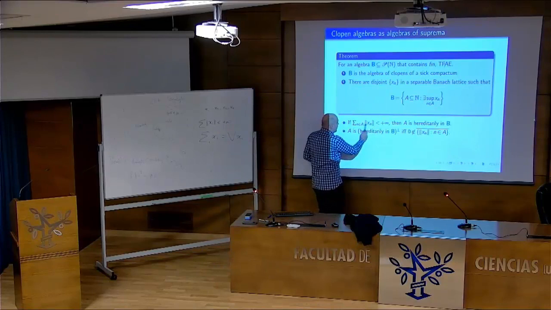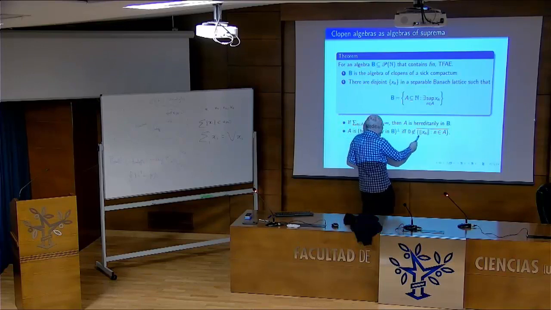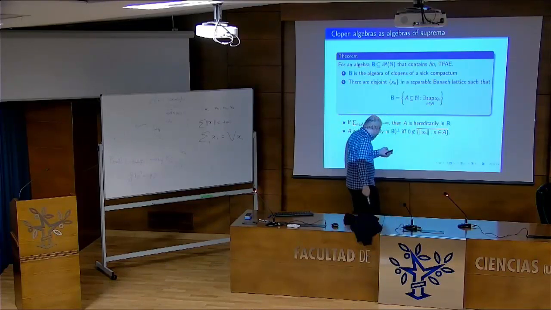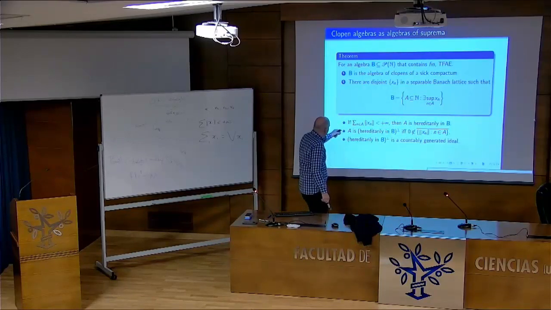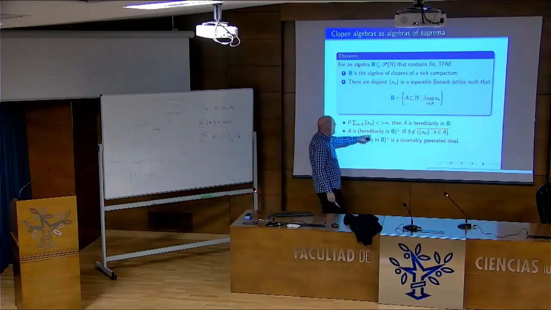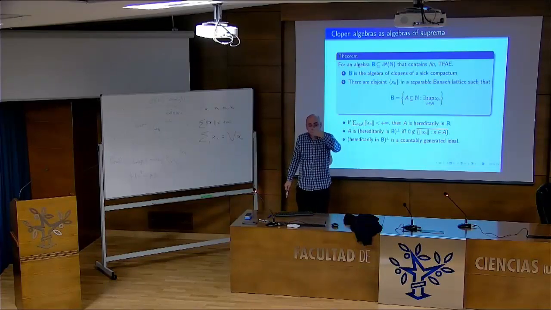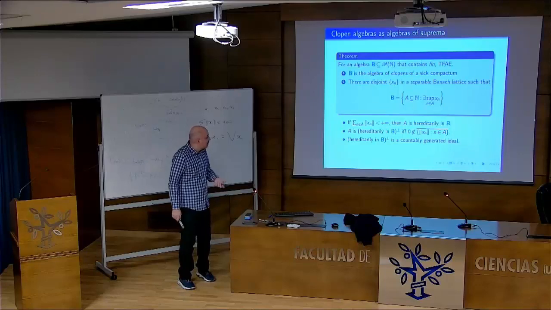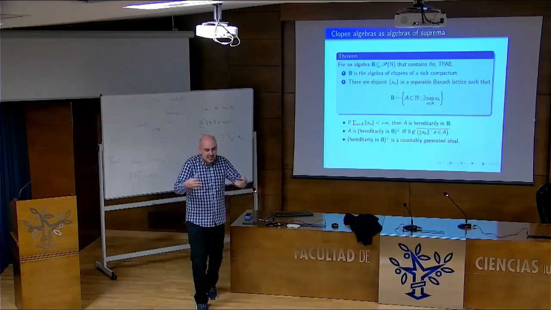Because of this, A has finite intersection with every element of B if and only if the sequence of norms in the subsequence A doesn't accumulate at 0. This is rephrasing the thing which I have above. And as a general thing, if I have an algebra like this and I take all the subsets that are entirely in B, and every subset still belongs to B, its orthogonal has to be a countably generated ideal.